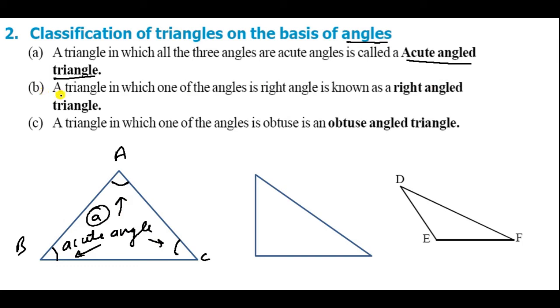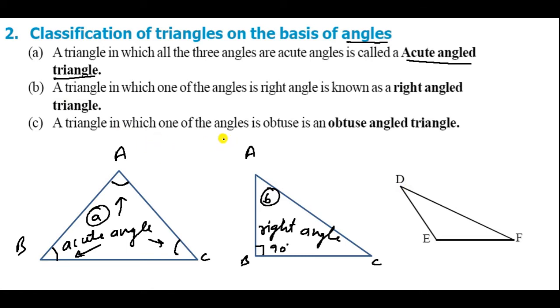Now come to the B. A triangle in which one of the angles is a right angle is known as a right angle triangle. It is your right angle. In this triangle, it is A, B, C. That is 90 degrees, and a 90 degree angle is called a right angle. So it is called a right angle triangle, and that is the B. So you can write here B, and here is another.